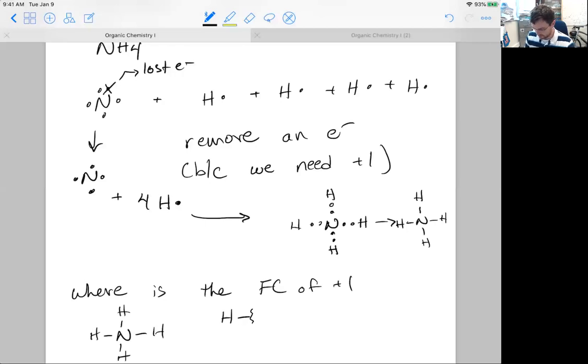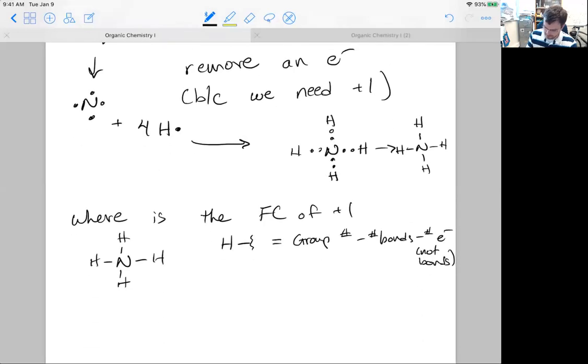Okay, so the formal charge is equal to its group number minus its number of bonds minus the number of electrons that are not in bonds. For hydrogen, that's group number 1 minus 1 bond minus 0 electrons equals 0. All of the hydrogens are neutral.